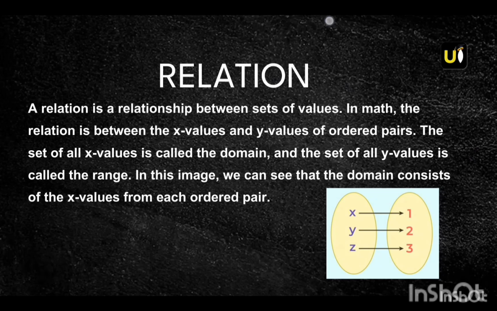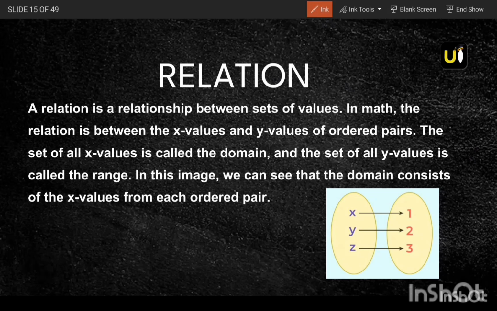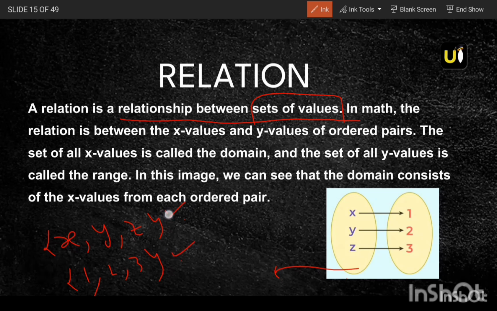we are going to discuss relation. So basically, what is a relation? The relationship between sets of values is defined as a relation. Here in the example we are given two sets, x, y, z and 1, 2, 3.